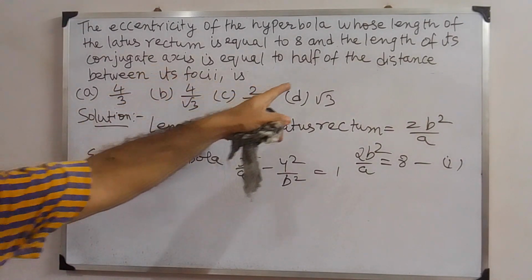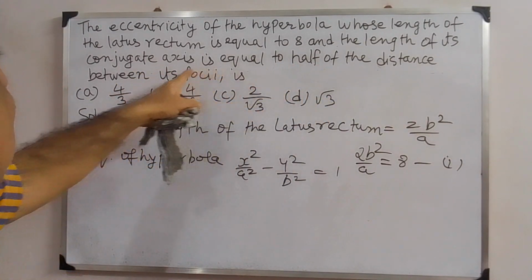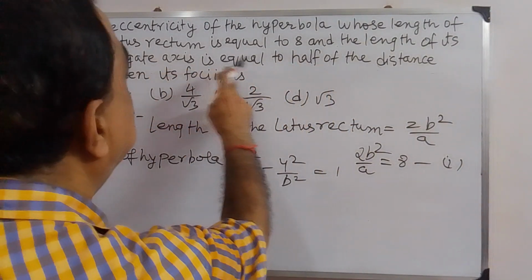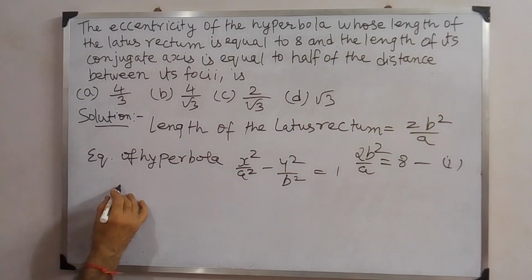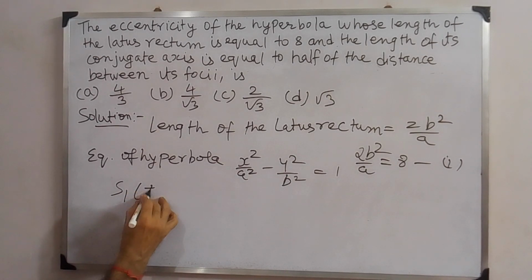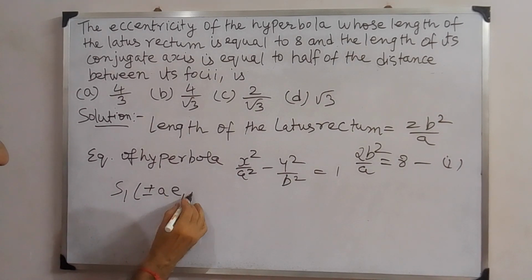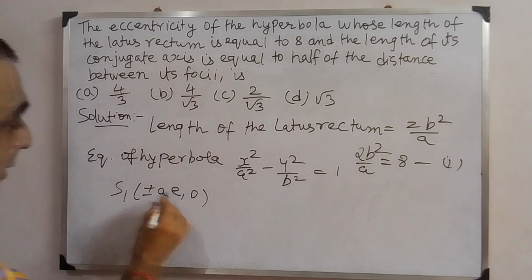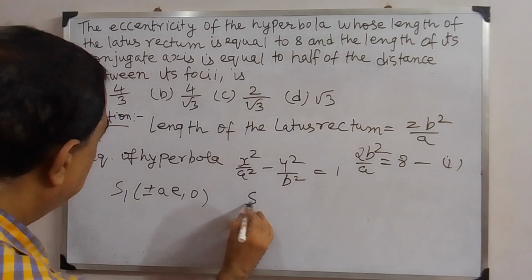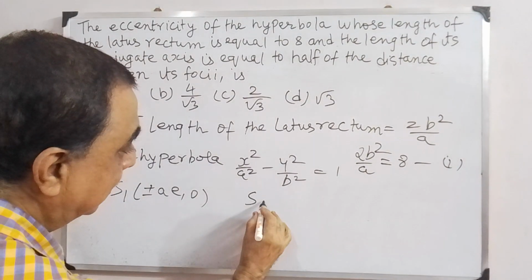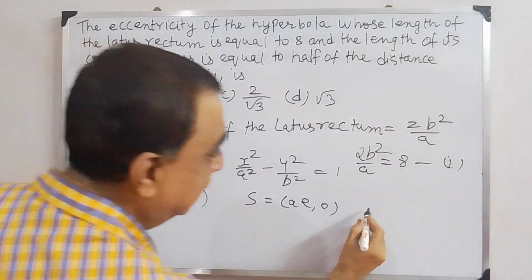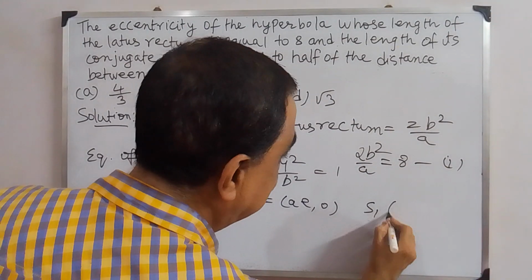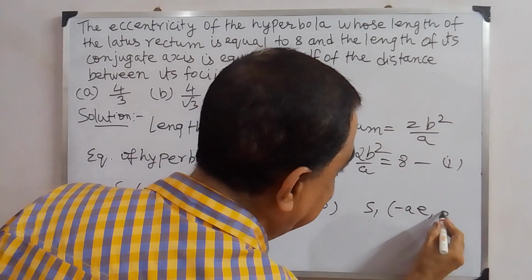And second, they are telling us that the length of the conjugate axis is half of the distance between the two foci. So the foci are plus minus ae, 0, where e is the eccentricity. One focus S is (ae, 0) and the other focus S1 is (minus ae, 0).